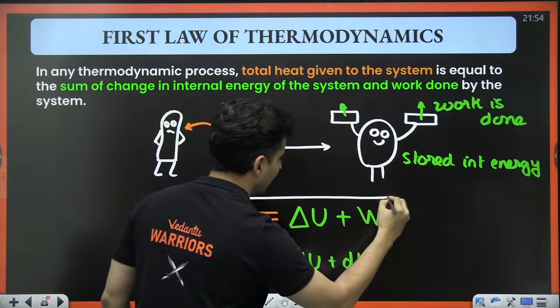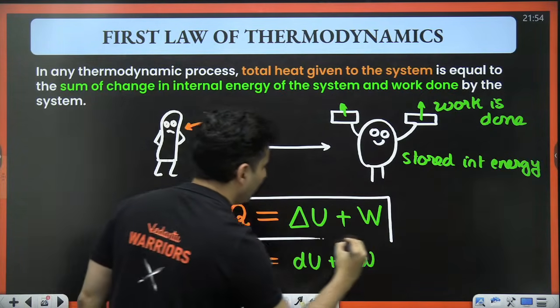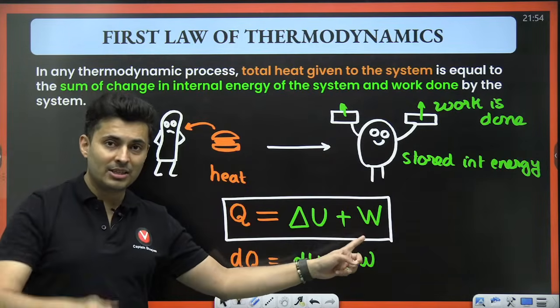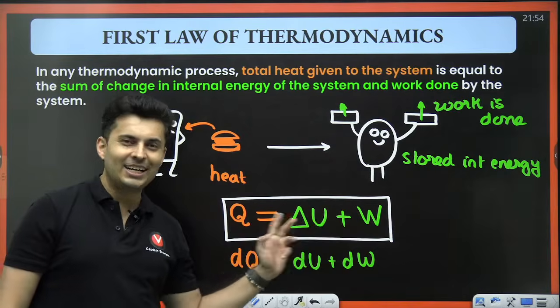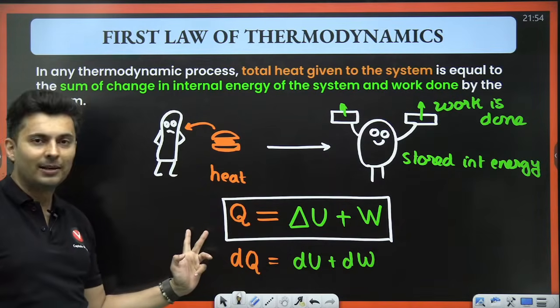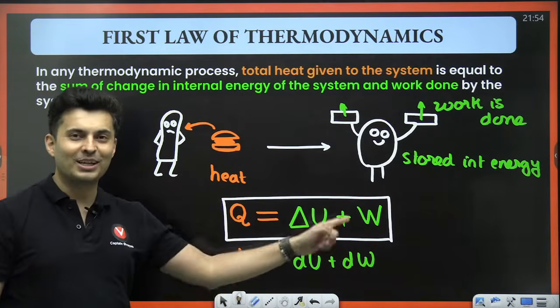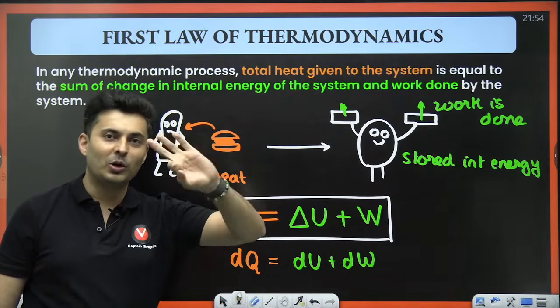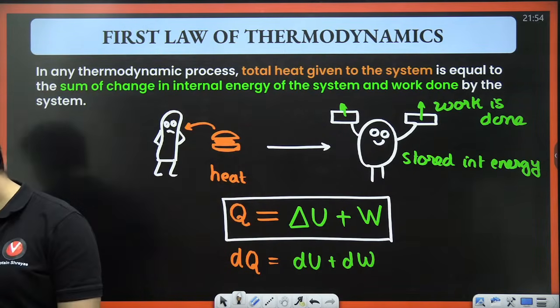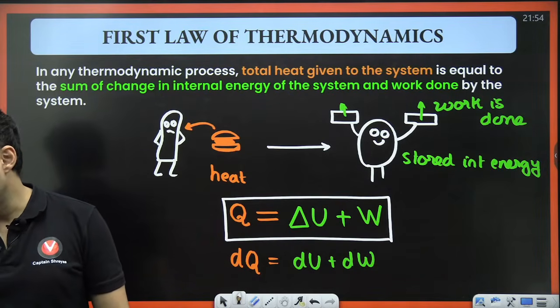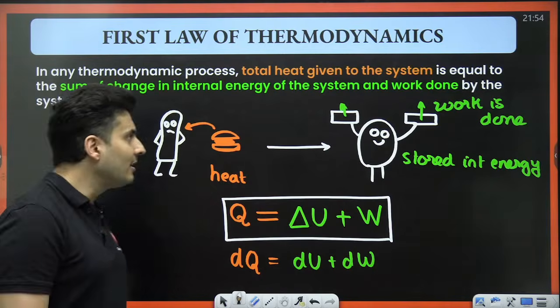It's one and the same thing. So a very, very important formula, my dear students. Heat supplied is delta U plus work. In chemistry, this formula will look slightly different. Remember, W will come on this side. So Q plus W will be delta U in chemistry. In physics, it will be like that. So if you remember one subject, you automatically remember the other subject. The only problem happens for work, the sign convention for work. Is that clear?